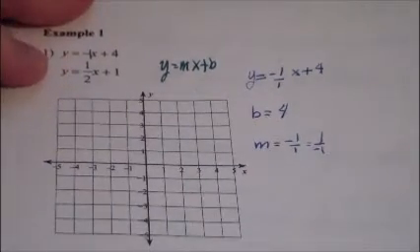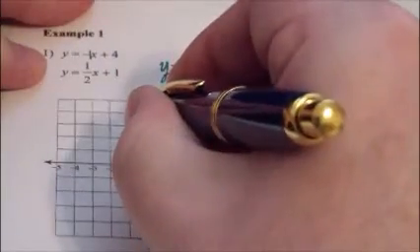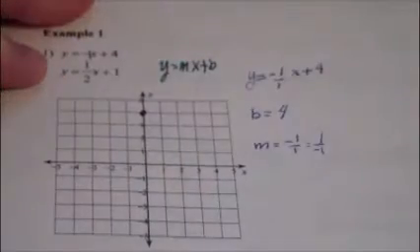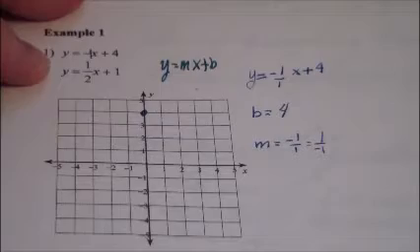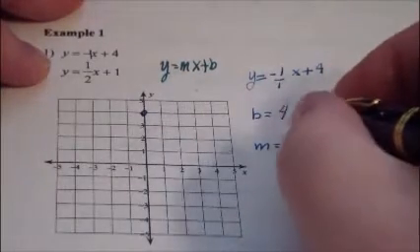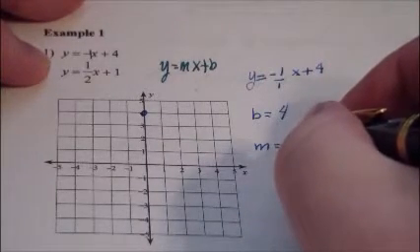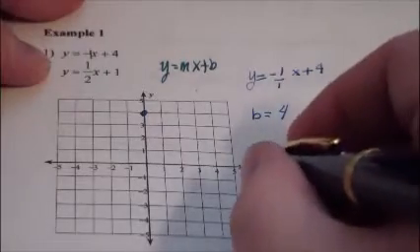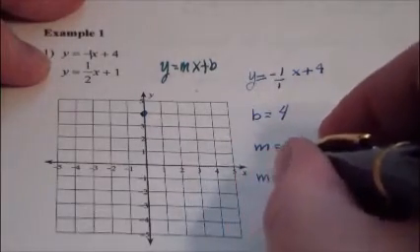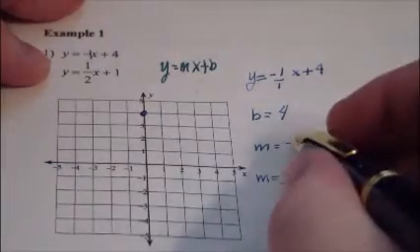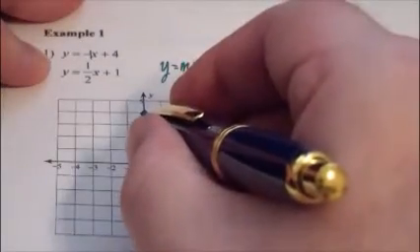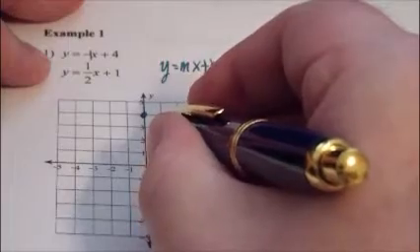So let's graph this. Our y-intercept was b, which is 4. So I put a little dot on 4. And then I use my slope, negative 1/1. Again, remember, slope is rise over run. Well, negative 1 means we go down 1 and over 1.